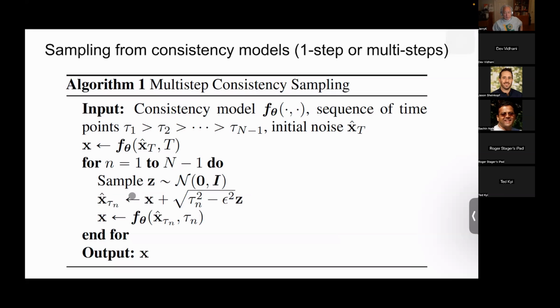And by the way, this is the analytical equation to just get your forward noisy equation at time step t_n, and then you apply your model again. This is your new X, and then you do that till you have applied, in this case, uppercase N steps.